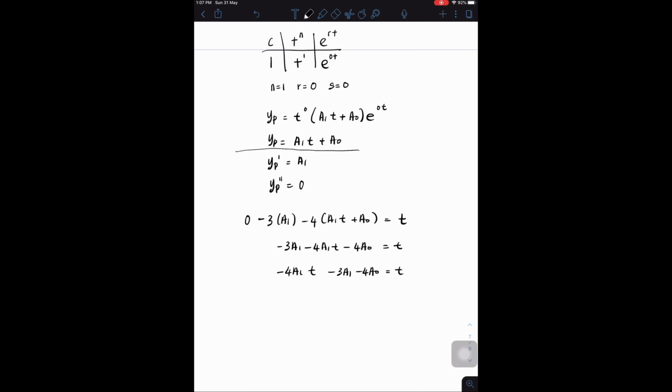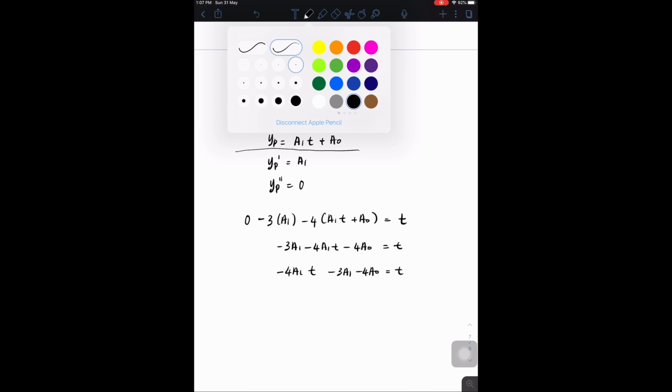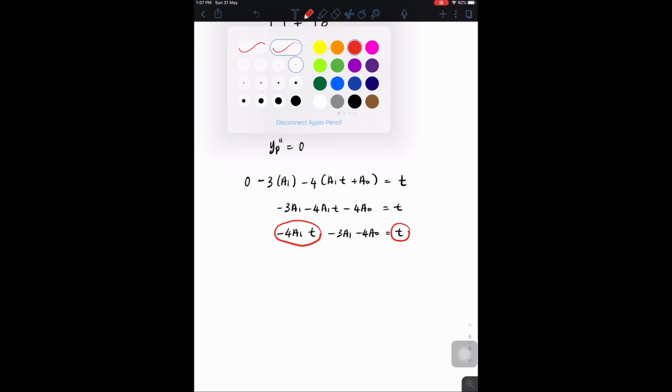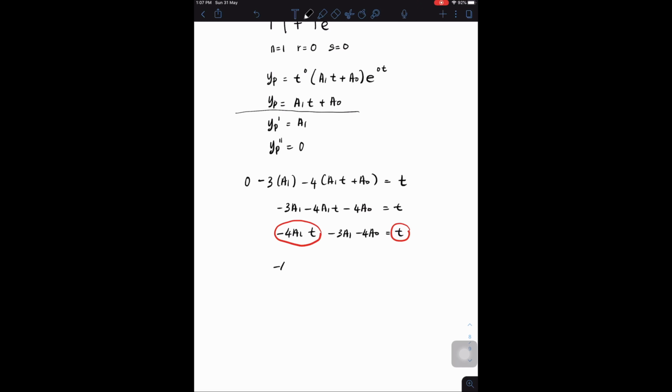So we do a comparison, left hand side and right hand side. The term that has t, we compare with the term that has t here. So negative 4 a1 t equal to t, so negative 4 a1 equal to 1, so a1 is equal to negative 1 over 4.